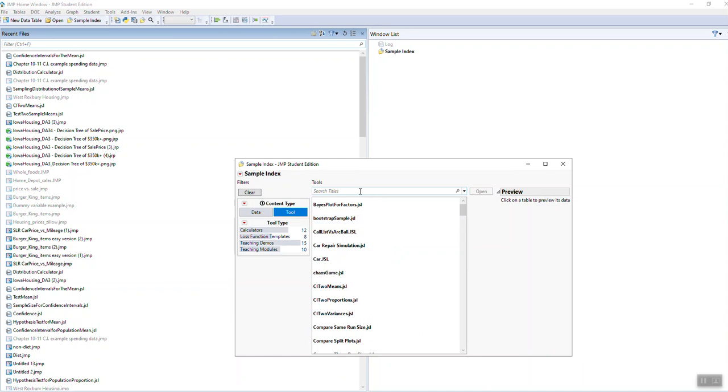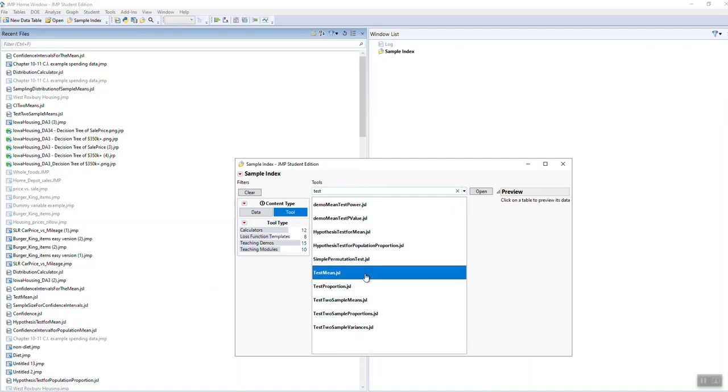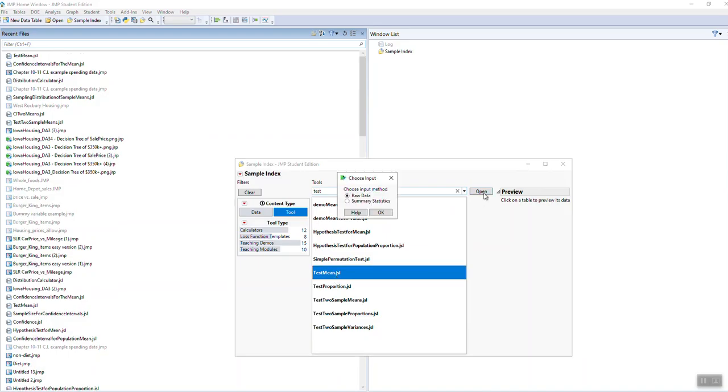Now we can use another tool for the hypothesis test, called Test Mean. This tool tests the population mean. You can choose whether you have the raw data or the summary statistics. In this case, we only have the summary statistics, so click OK.